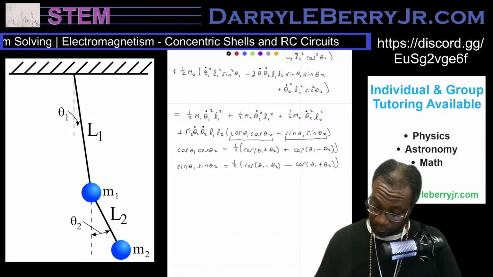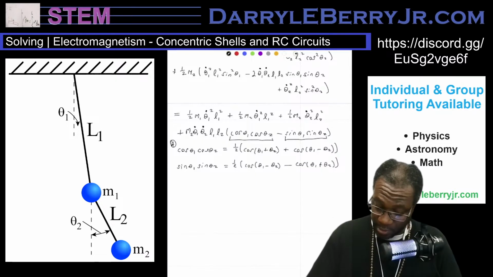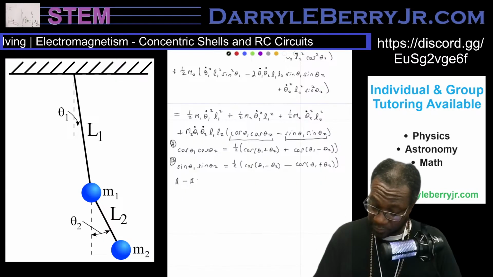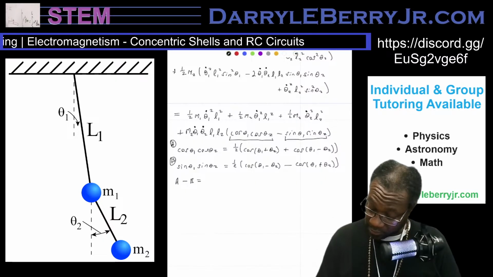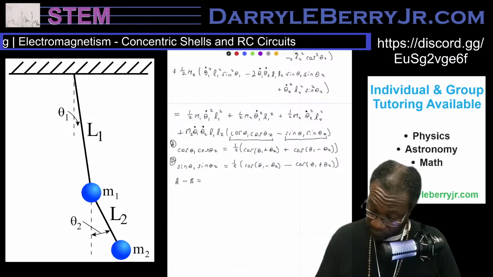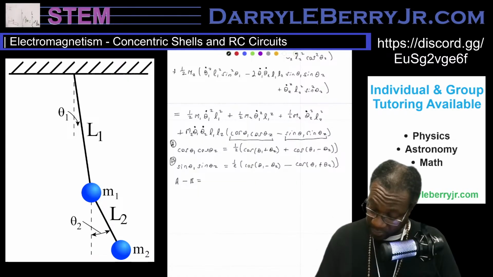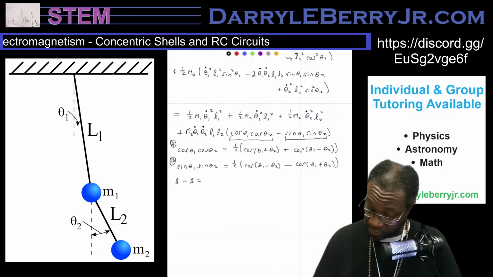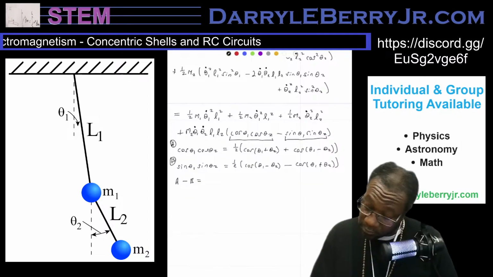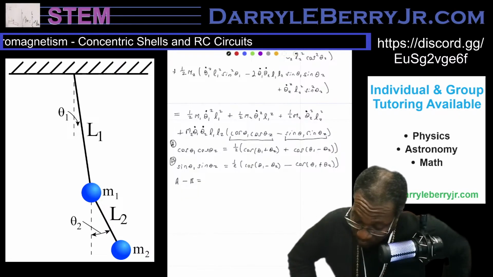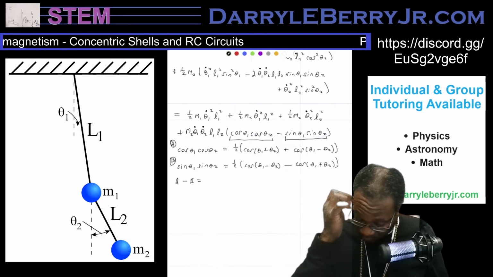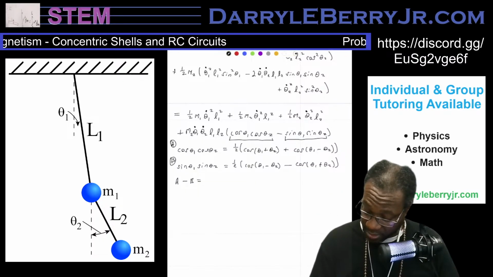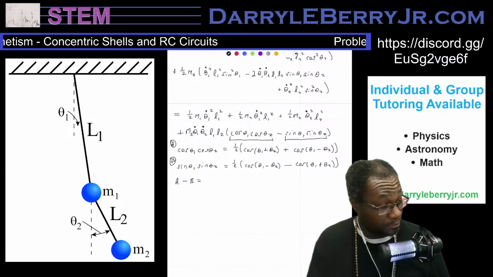So we call this A and we call this B. And we see up there it's A minus B. So that's going to be 1 half cosine theta 1 minus theta 2 plus 1 half cosine theta 1 minus theta 2, plus 1 half cosine theta 1 plus theta 2.